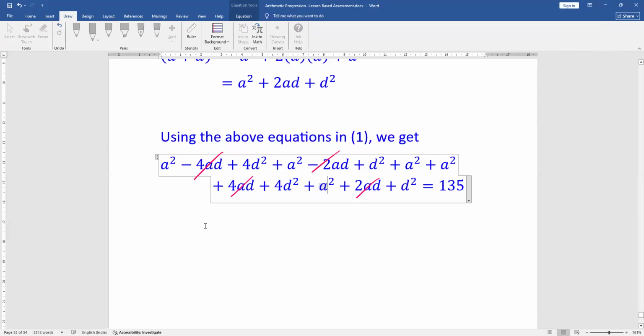Correct? So I have 5a squares. Okay. So write 5a square. Okay. Plus.